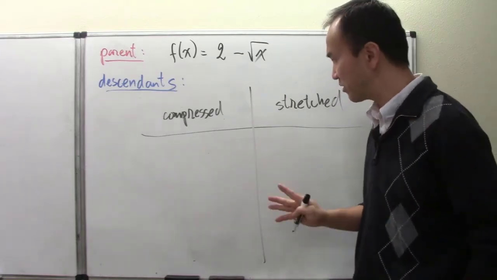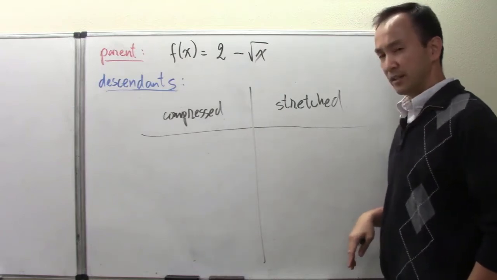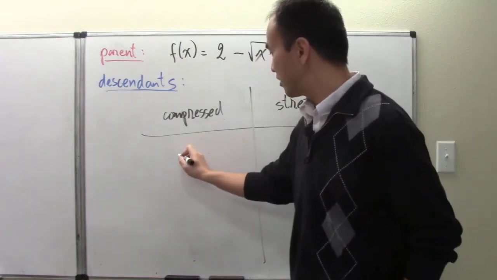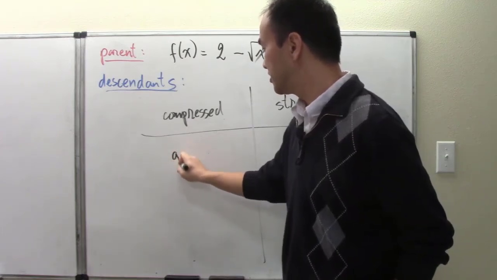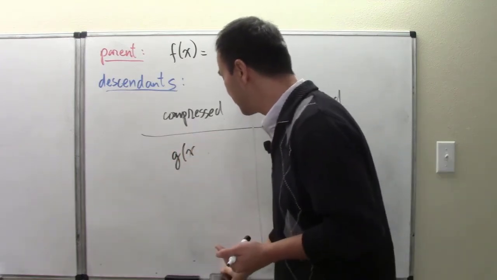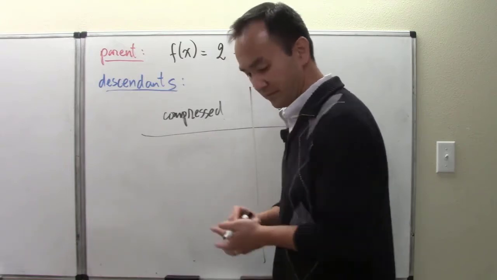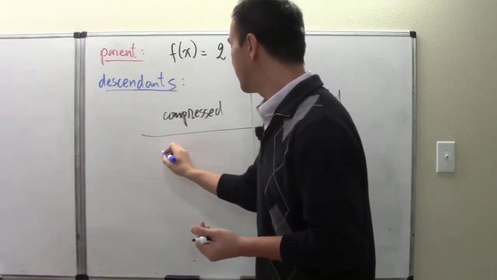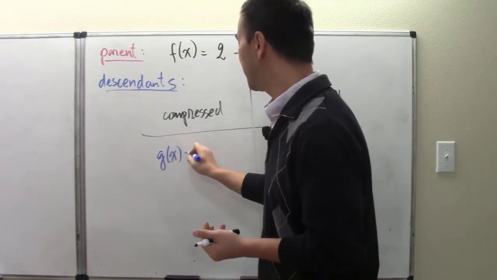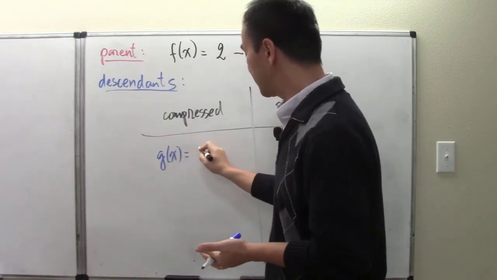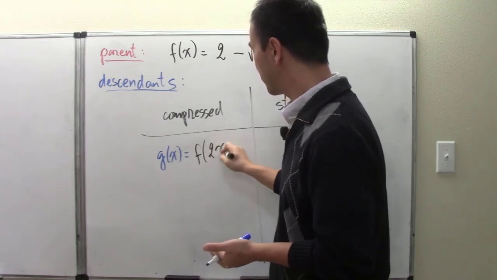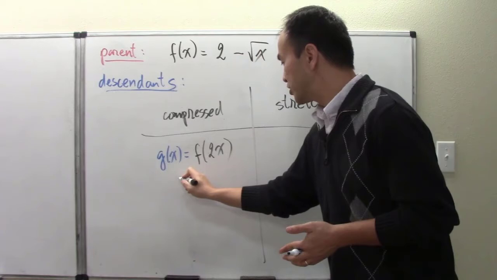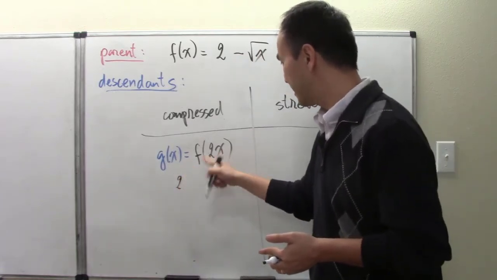Compress happened with g of x, the descendant we investigated earlier. We recognize the parent function, but taking the inputs 2x, with the 2 here in that ax form.